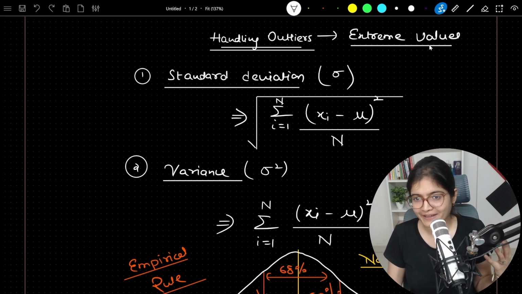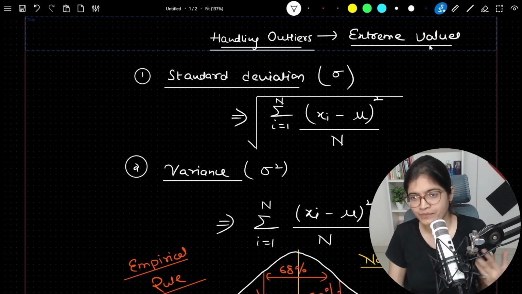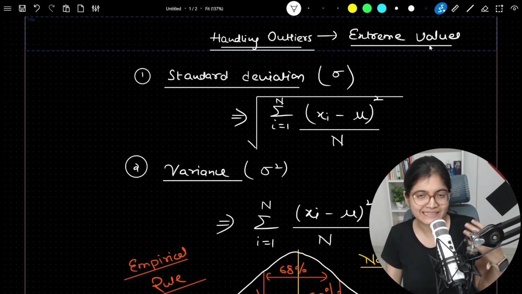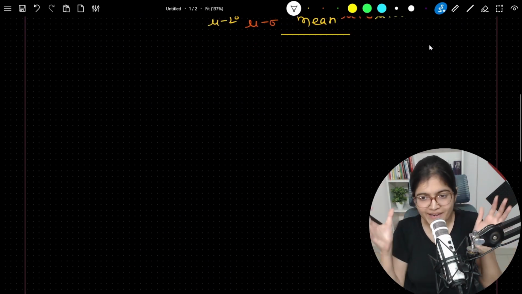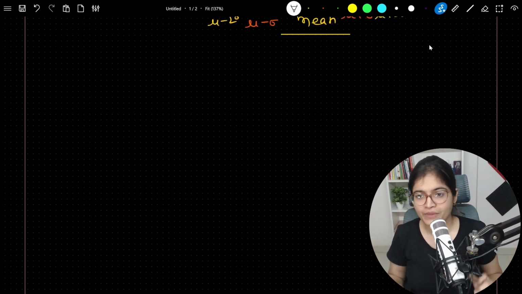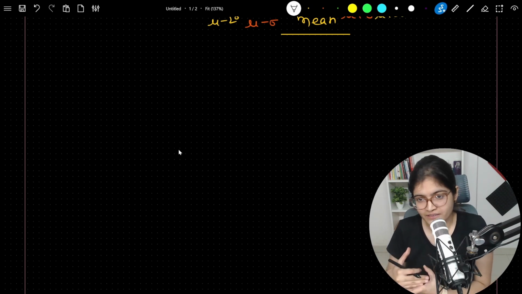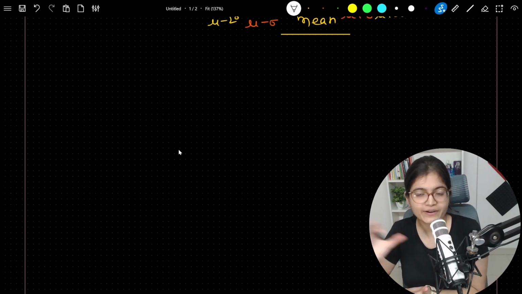Let me give you a very simple example. Let's say you are doing a survey of people earning salaries as a fresher data scientist, and your survey is with respect to Bangalore, because it also depends on the city, right? Salary also varies.